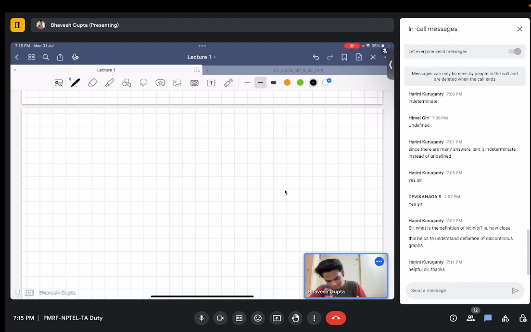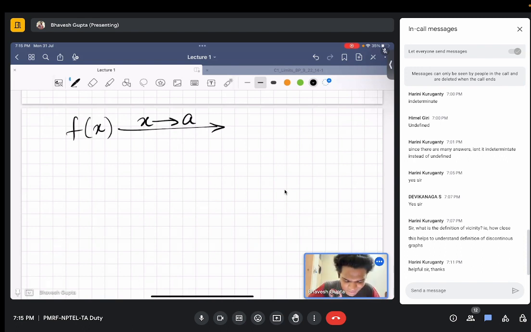So let's say we have this function and we want to understand the behavior of the function at the point A. Hopefully you understand the idea of these arrows: they basically tell you very close, vicinity, those limit ideas, limiting values.